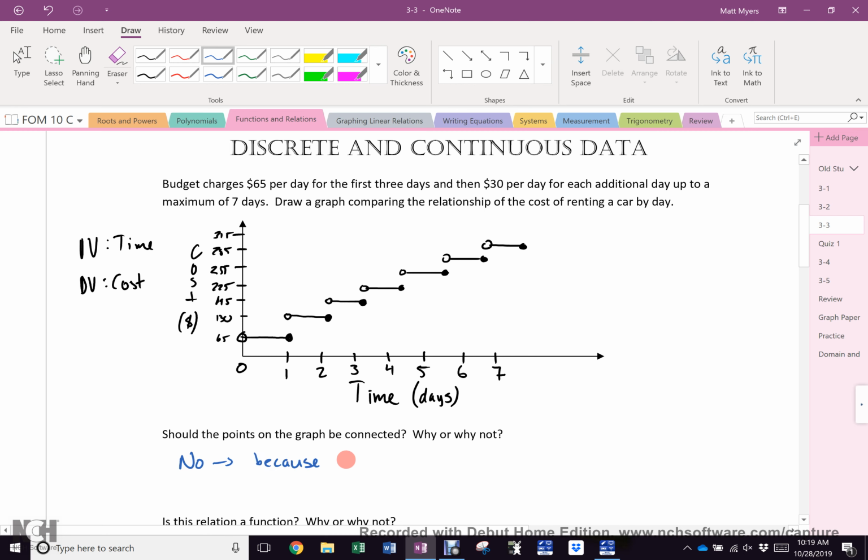Because there's no output values between days. Are there? I can only pay 65, 130, 195, 225, 255, 285, or 315. Yes? Everybody understand? All right.